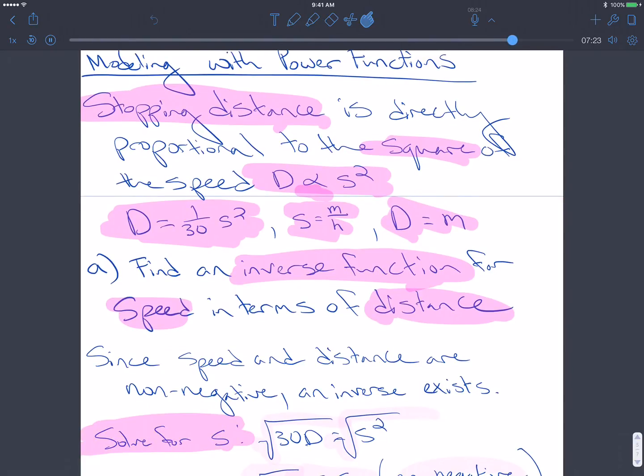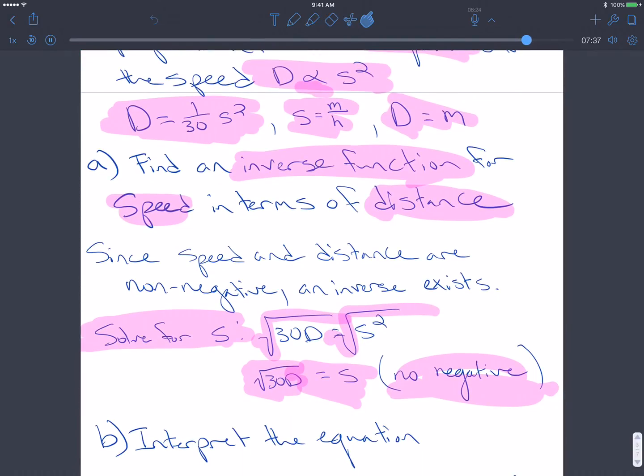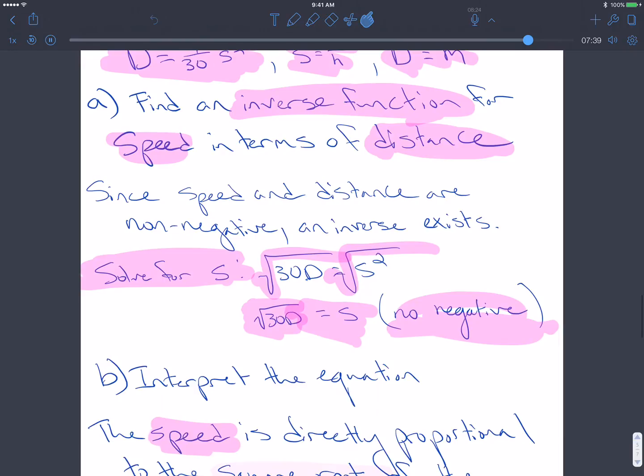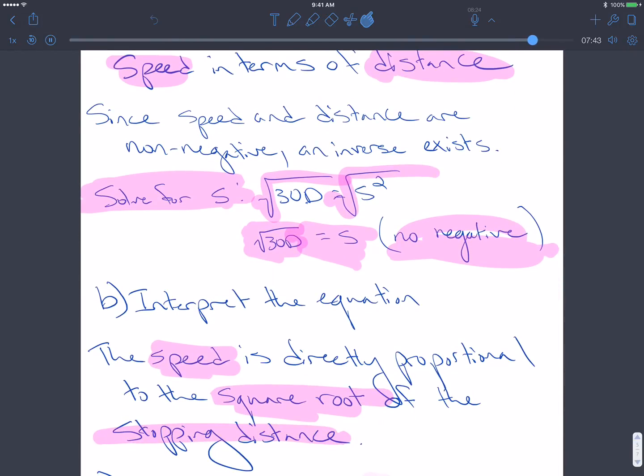So 30d is equal to s squared. I take a square root of both sides to get that the square root of 30d is equal to s, assuming that there are no negative speeds. Interpret this equation. What does that mean? Well, it's saying that the speed is directly proportional to the square root of this stopping distance.